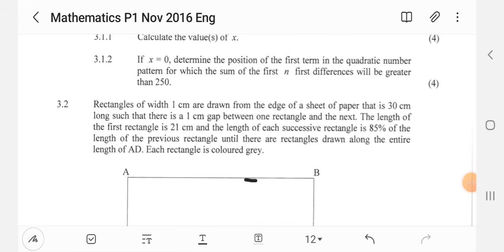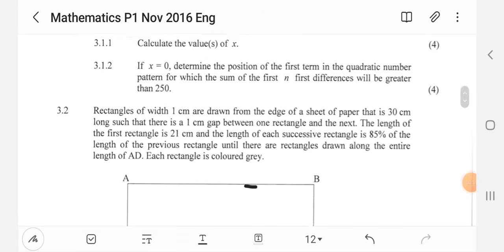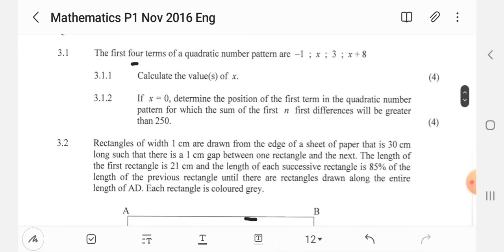So if x equals 0, determine the position of the first term in the quadratic number pattern for which the sum of the first n first differences will be greater than 250.